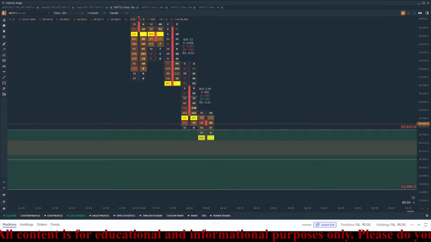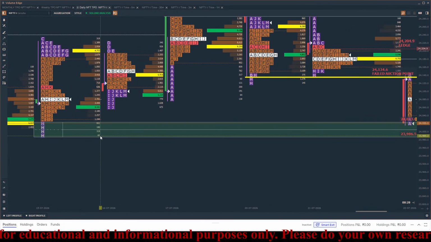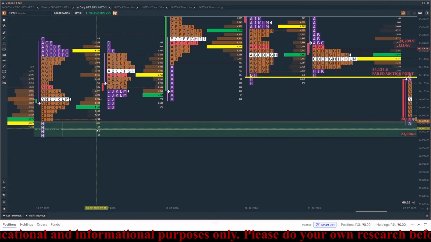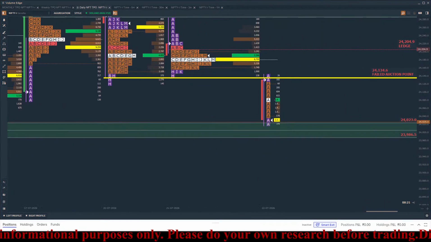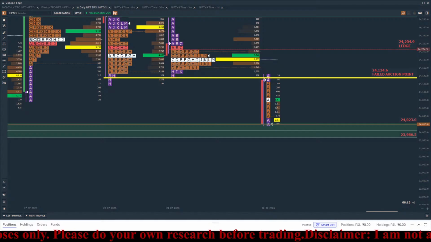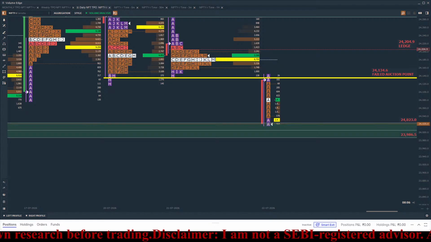Exactly, it came to our level. And here is the low volume, and the entire zone is a low volume area. Then based on the OA, we will do our research. Almost 150 points the people have got as of now.